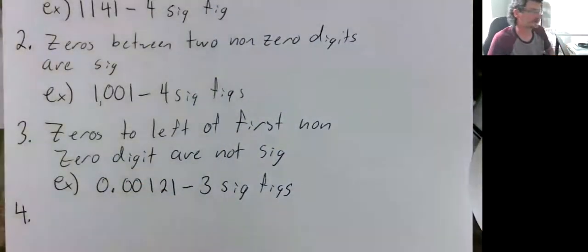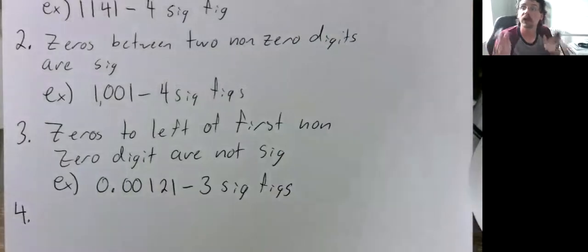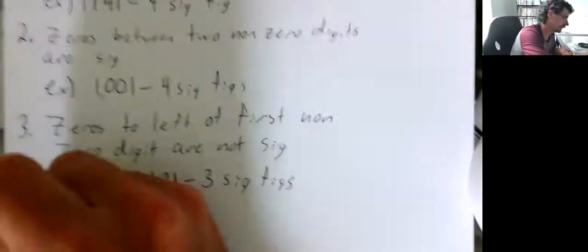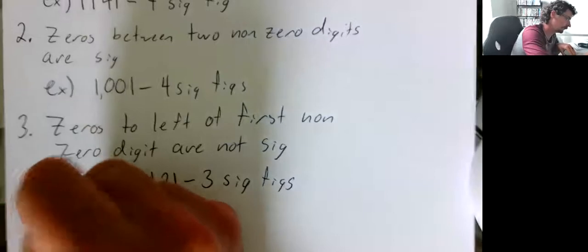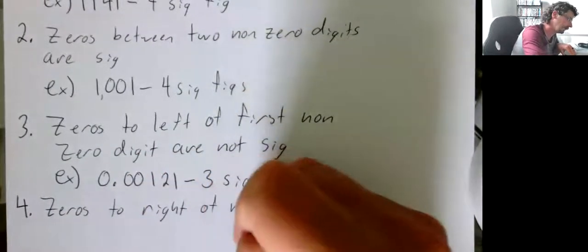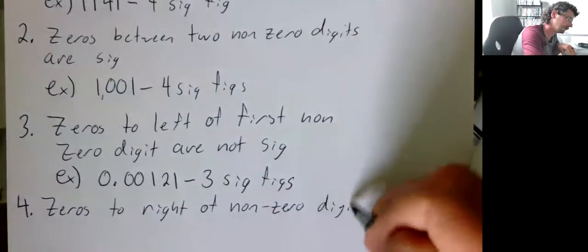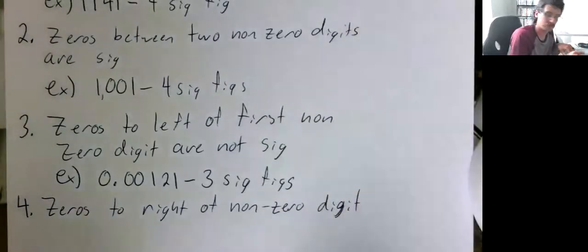The fourth rule has to deal with zeros to the right. Zeros to the right of any non-zero digit are considered significant.